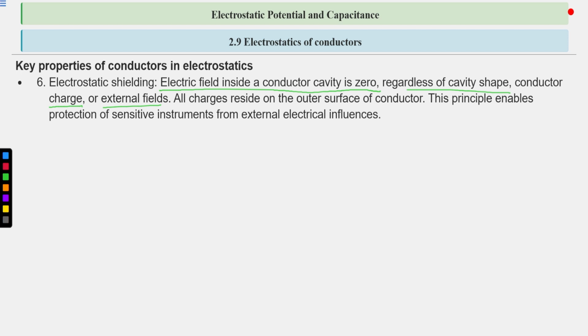It is always zero. We know from the key properties that all charges reside on the outer surface of the conductor. This principle enables protection of sensitive instruments from external electrical influences.